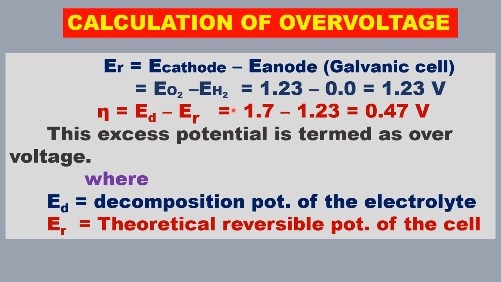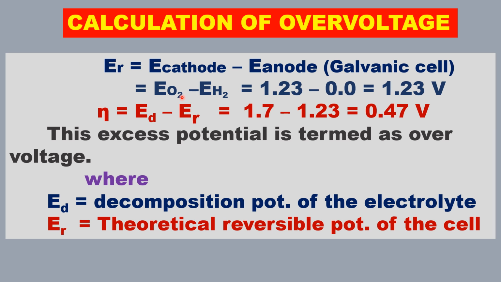This is the electrolytic cell, this is the galvanic cell. E cathode minus E anode. Here reduction takes place in the galvanic cell. In the electrolytic cell we have the opposite; the reactions in the galvanic cell are opposite from the electrolytic cell.